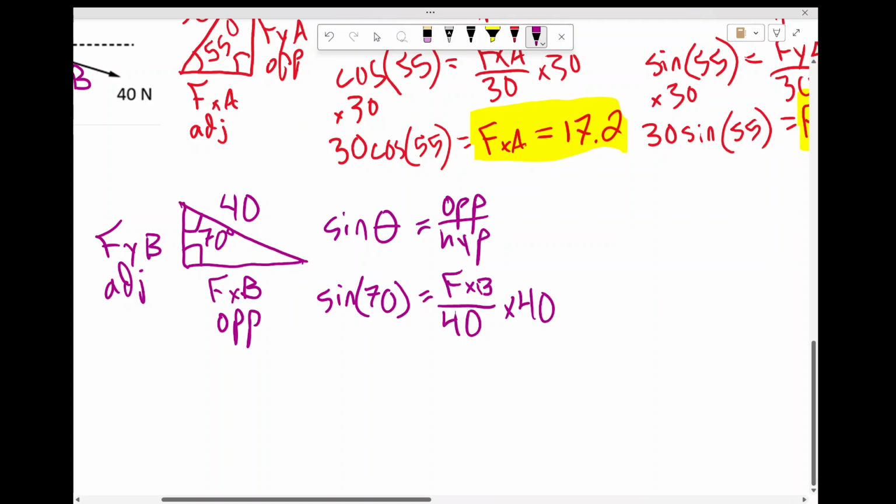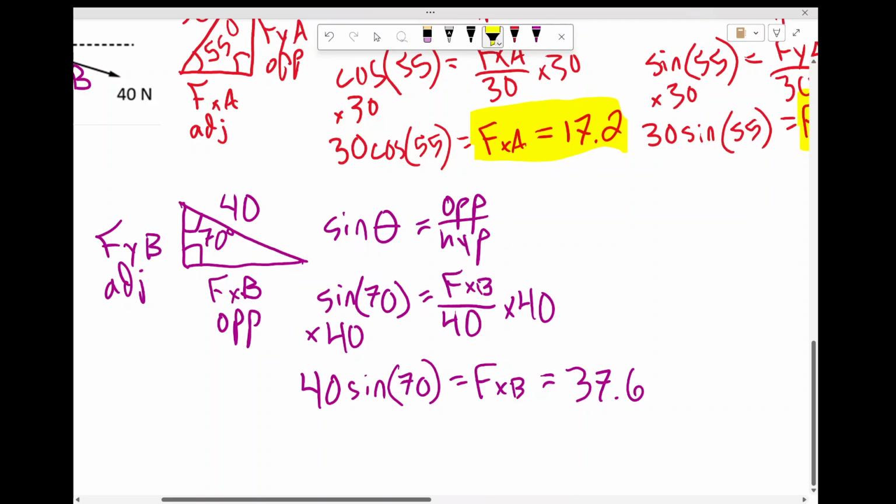Multiplying by 40, we get 40 sine 70 equals FxB, which is 37.6. So we're going to highlight that and come back to it later.